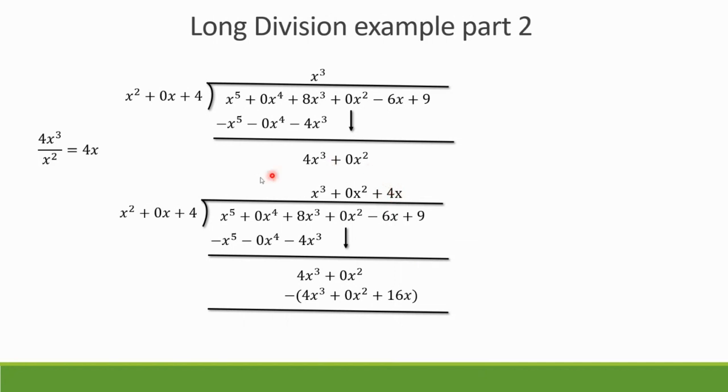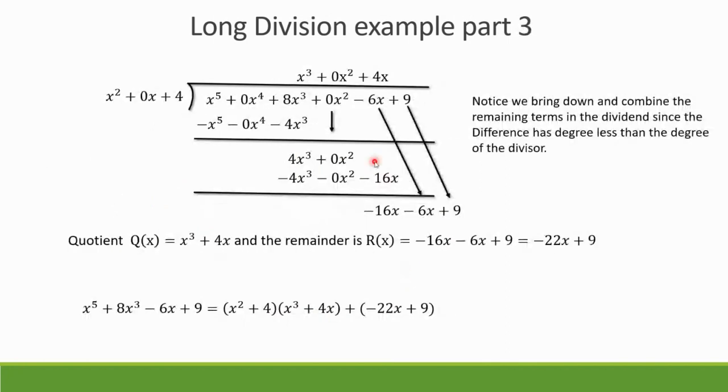We do 4x times the divisor, and that's this product here. We have minus 4x cubed, 0x squared, 16x. And we're going to subtract that.